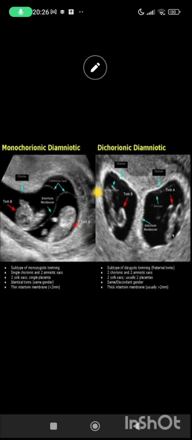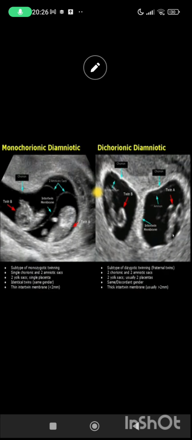Monochorionic has one gestational sac and one placenta with a thin dividing membrane. Dichorionic has two gestational sacs, two placentas, and a thick dividing membrane.